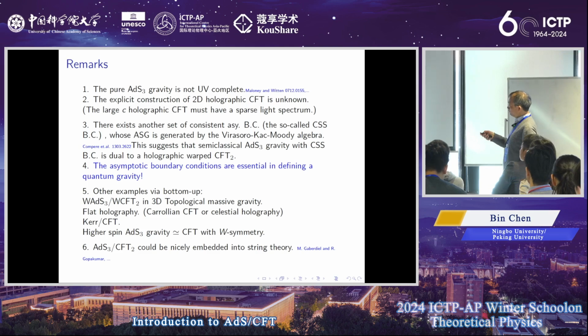And in higher dimensions, you will see that this BMS group is actually also isomorphic to the Carroll group. So it is called the Carrollian conformal field theory, dual to flat spacetime quantum gravity. And there's another proposal, so-called celestial holography, by studying the scattering amplitude in flat spacetime. That's also a long story.